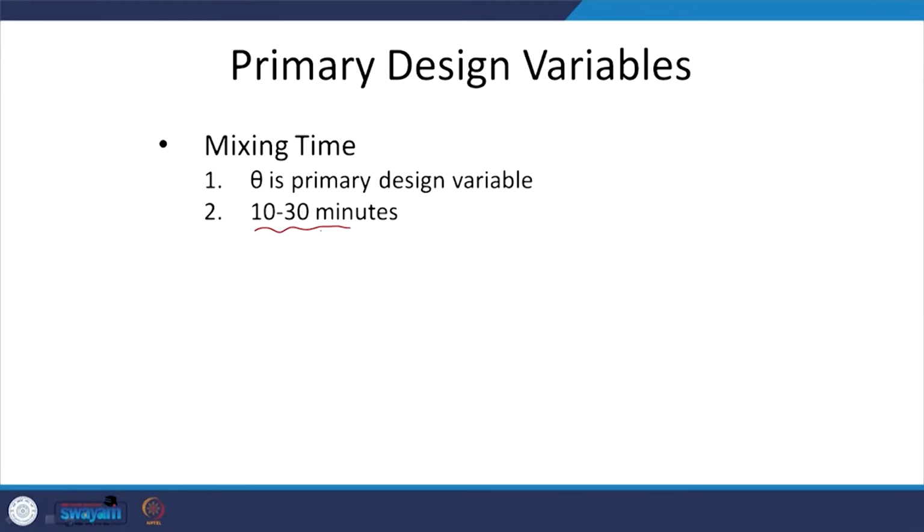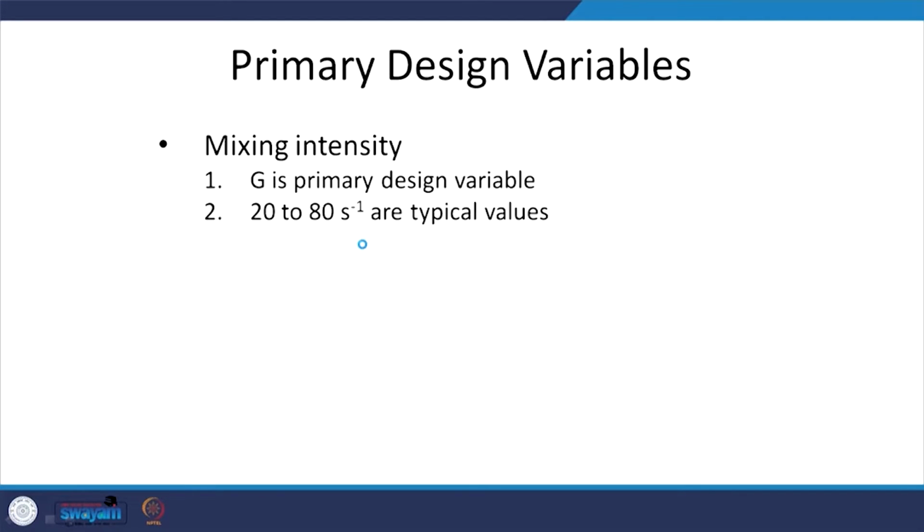Earlier in coagulation it was in the order of a few seconds, and here it's in the order of a few minutes. And as you can see here, G values are remarkably less. Earlier we were looking at ranges from 600 to I think 5000 for G values. Here you can see that the level of mixing is relatively less. We are still going to have mixing, but it's not at all rapid. If I continue with this level of mixing, what's going to happen?